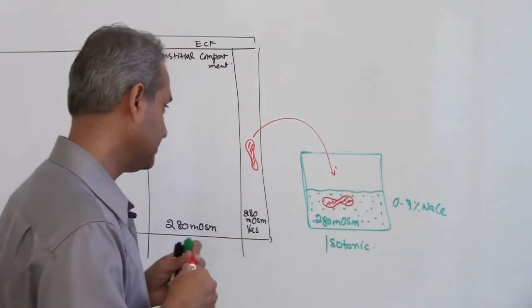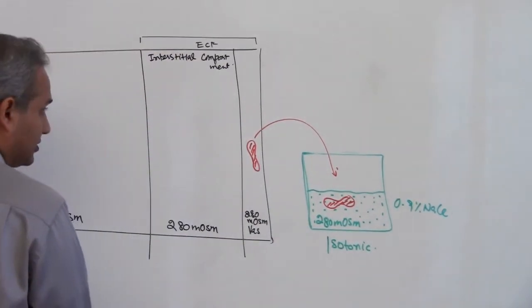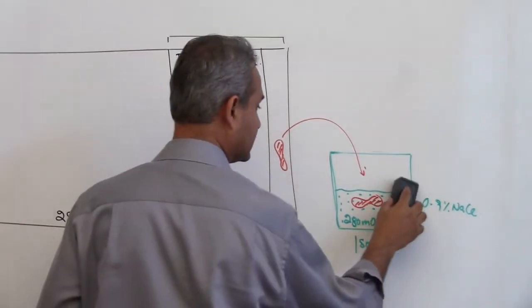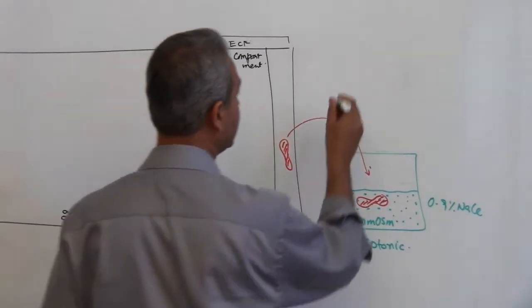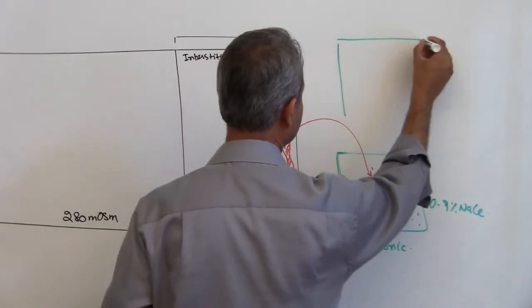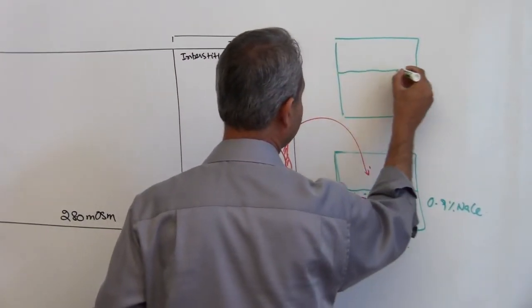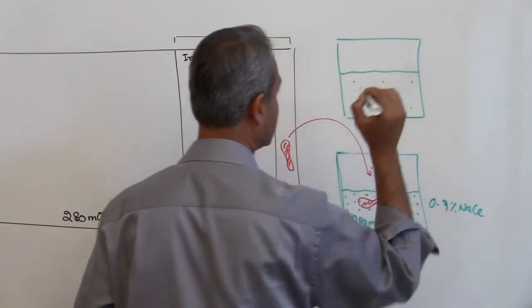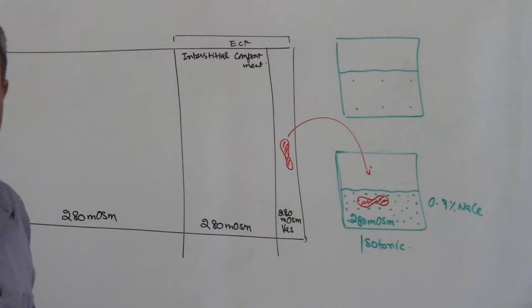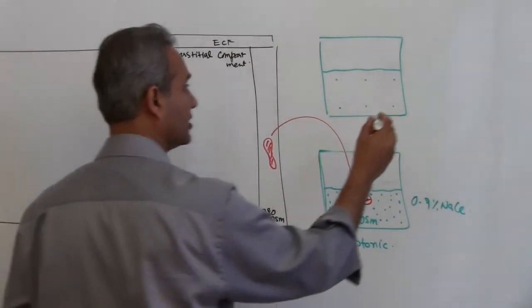So this RBC as it was here is going to be there. On the other hand, let's say I have another beaker in which I have a hypotonic solution. Hypotonic.